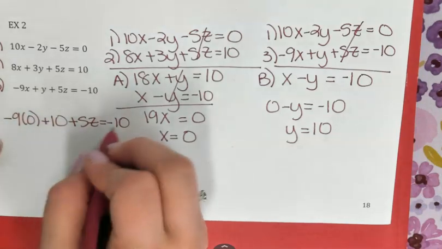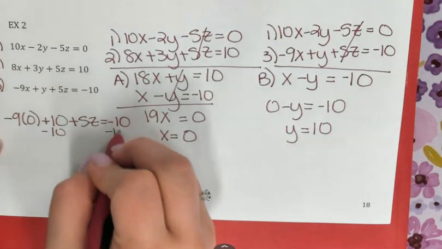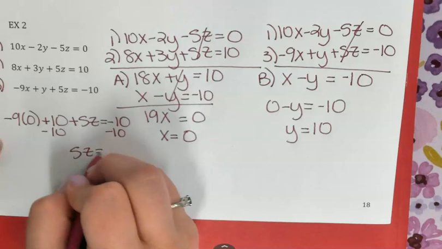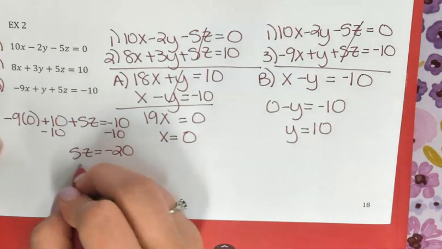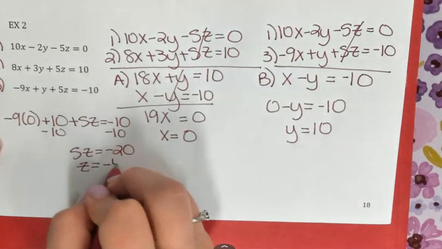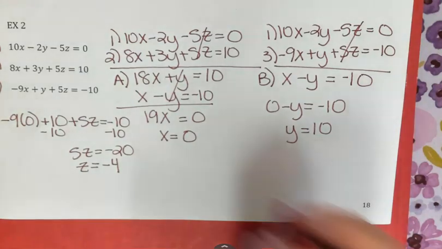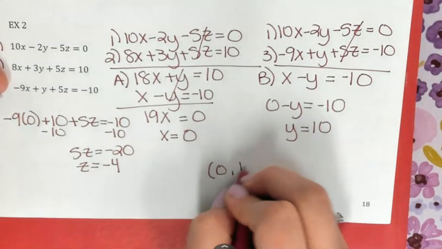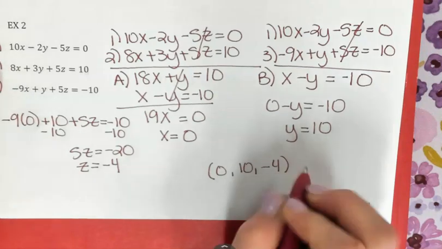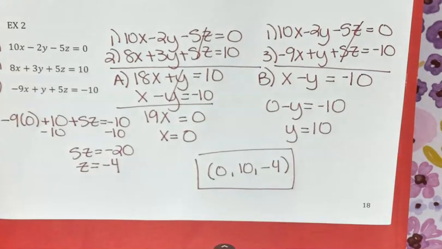This is, of course, 0. And I get that 5z equals negative 20, which means z is negative 4. So my solution for this system is 0, 10, negative 4. And that is how you use elimination to solve 3-variable systems.